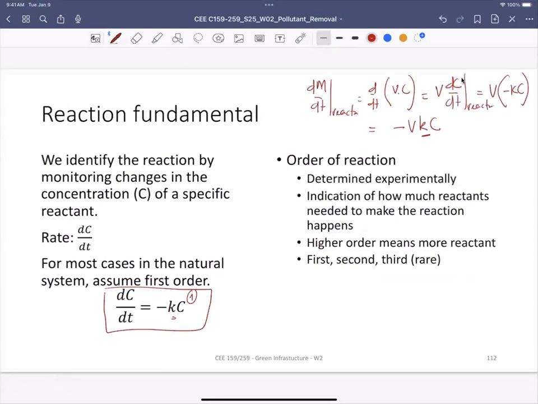Again, this k, the rate and order of reaction, is determined experimentally. It could be first, second, or third order, but in most natural conditions you can assume it is first order.